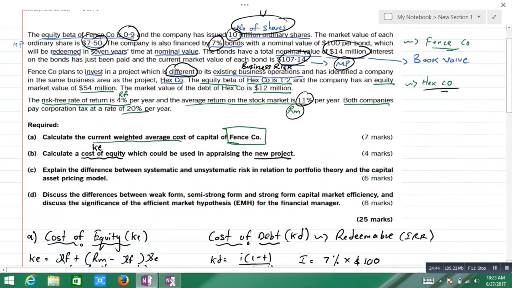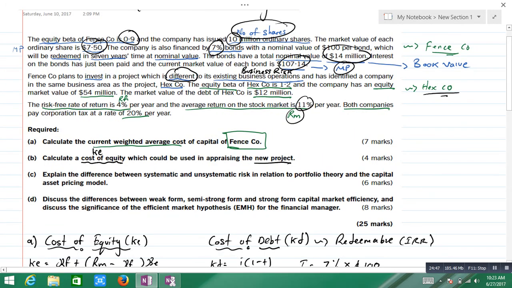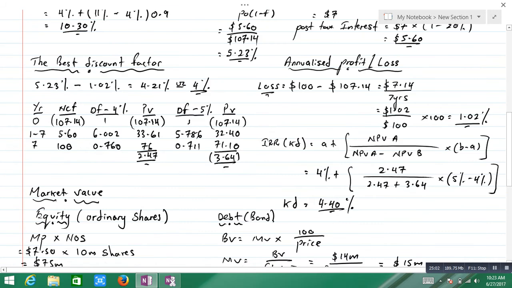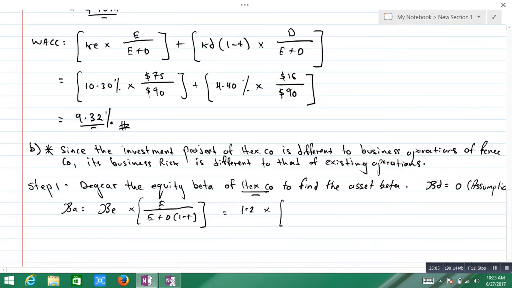So it's going to be 54 plus the 12, but don't forget 1 minus the 20%. So how much is going to be? That should give you 1.02. Check. So again, I'm highlighting the value that you're going to use over here. It's about Exco. Don't forget.